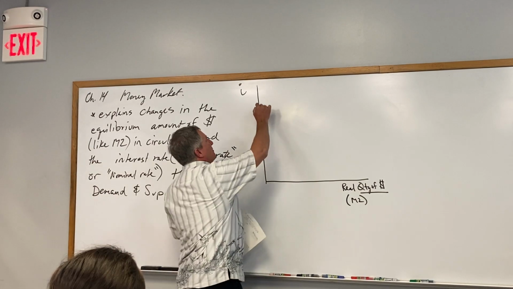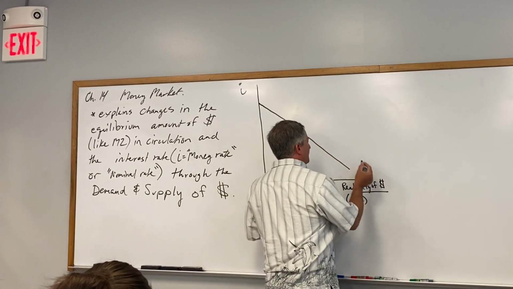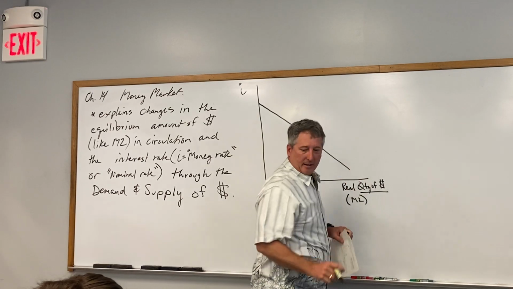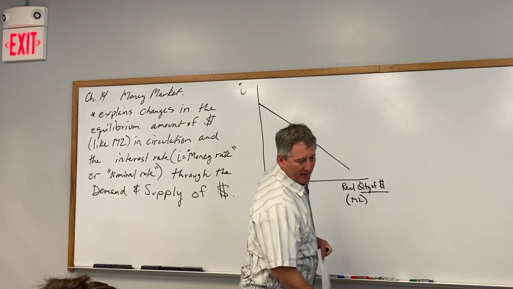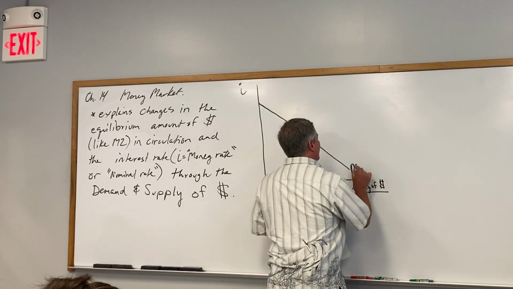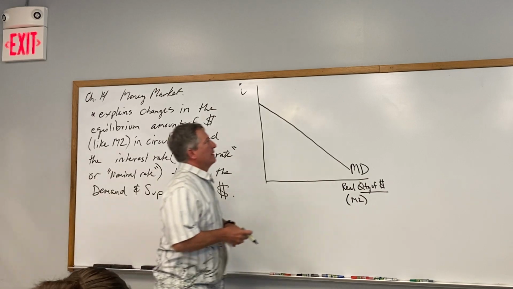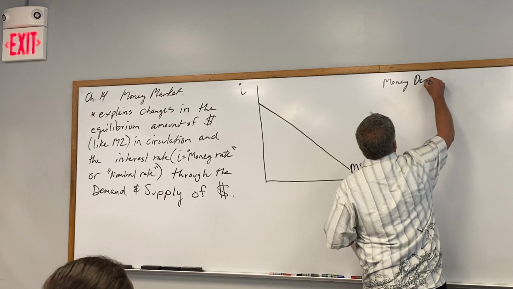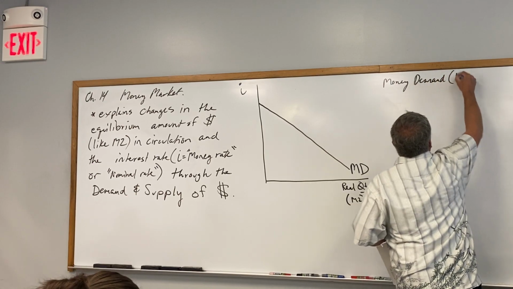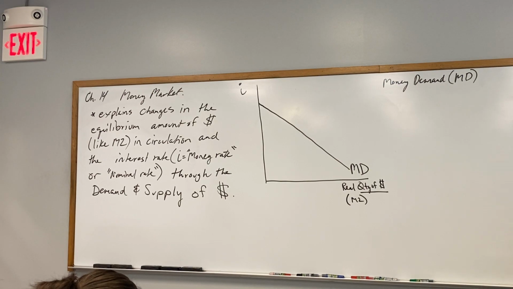And so the demand for money, and I think your textbook just puts a D down. I guess they did write it out. I'm going to write it out. So money demand, MD, the MD curve there is downward sloping.